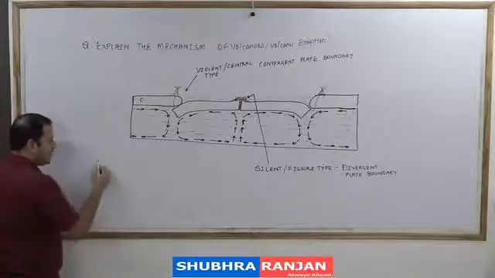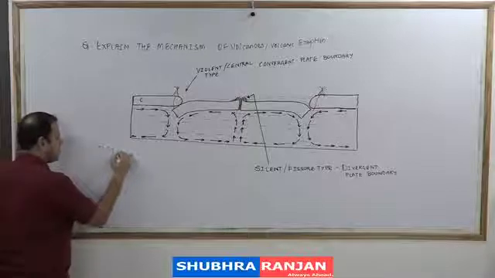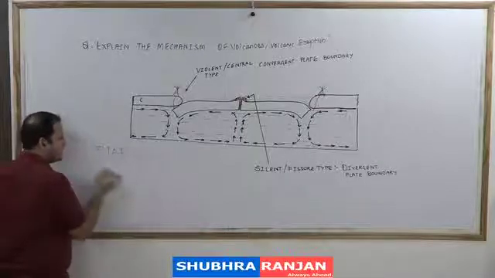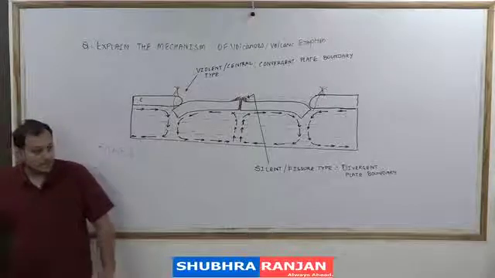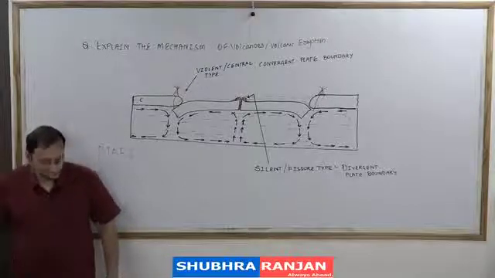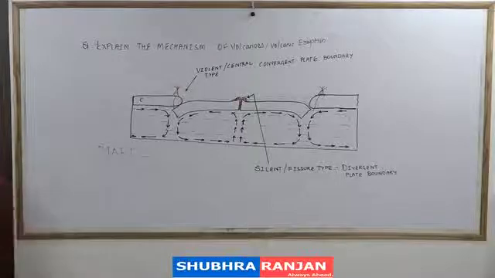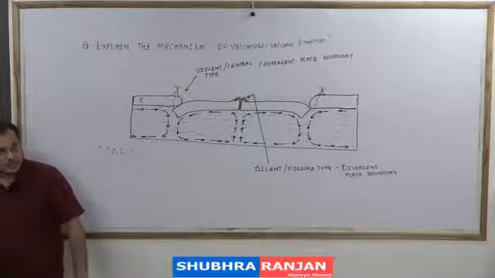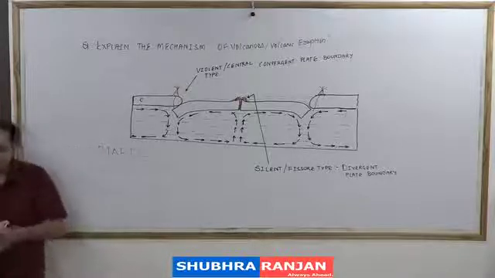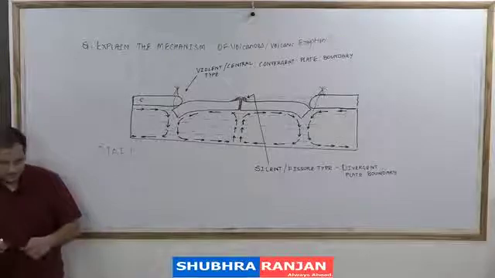I will give you one more word, mafic in nature. Meaning it is rich in iron. Basaltic and mafic in nature. Mafic मतलब basic. Why basic? Because it is rich in iron. Mafic in nature.